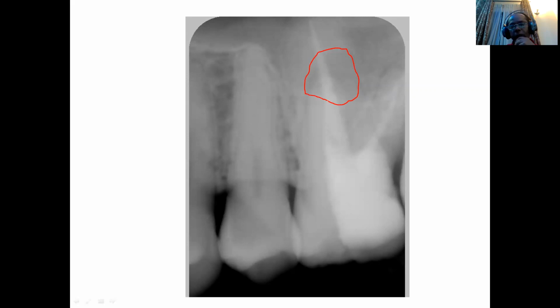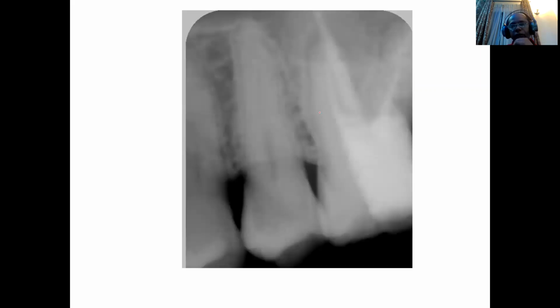But the mesiobuccal root filling was superimposed with the palatal canal. So I took another view, a bit angulated view, which exposes the mesiobuccal canal a little bit, but it is still not so clear.